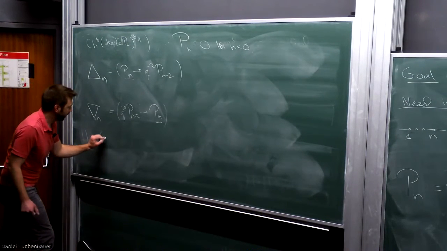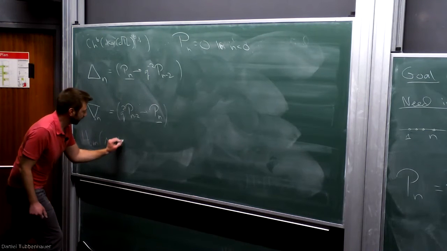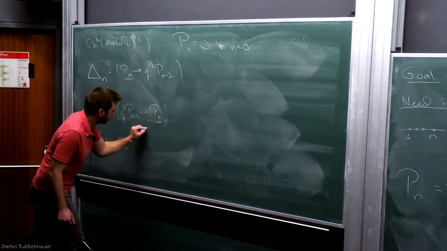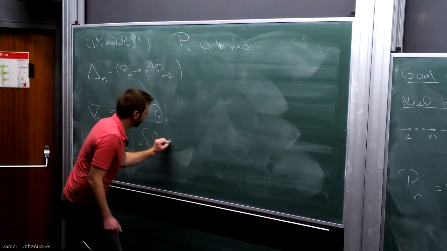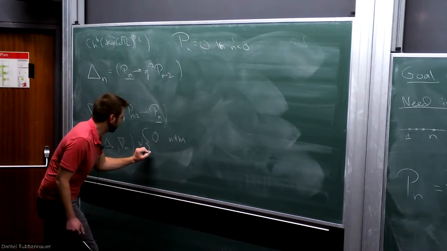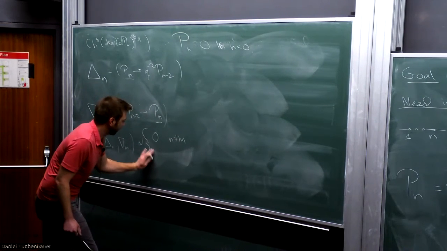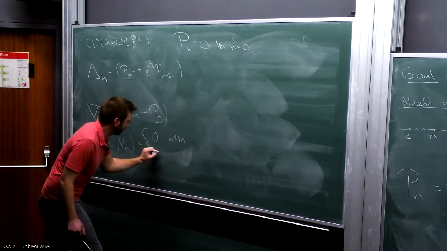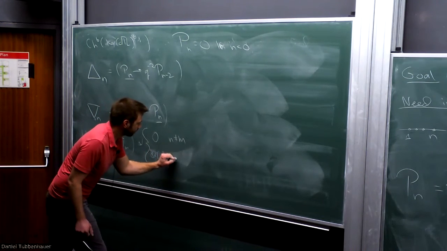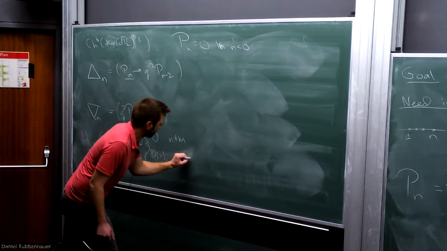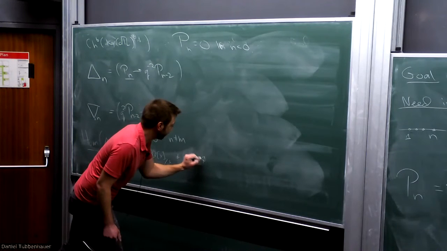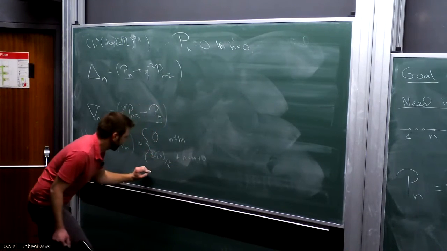Hom from a standard to a costandard is contractible if n and m are not the same, and it's isomorphic to the ground field exactly if n and m are the same, but it's this algebra if n and m are the same but also not 0, and then there is the special case.